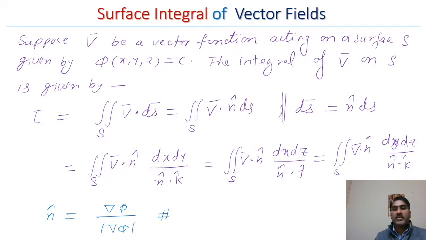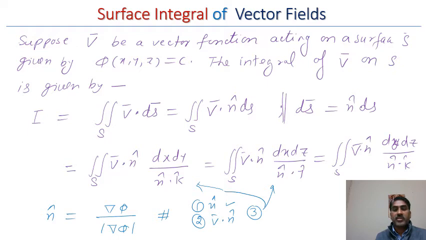So in simple steps, when you have to integrate a vector v on a given surface S, first find the unit normal to the surface, and that is grad phi by magnitude of grad phi. Second, calculate the vector dot n, and third, write one of these forms and integrate.